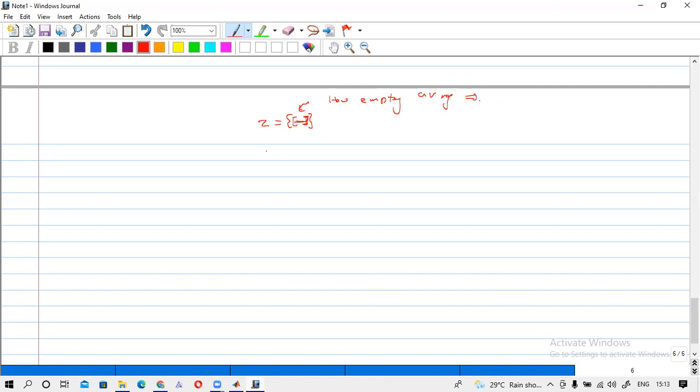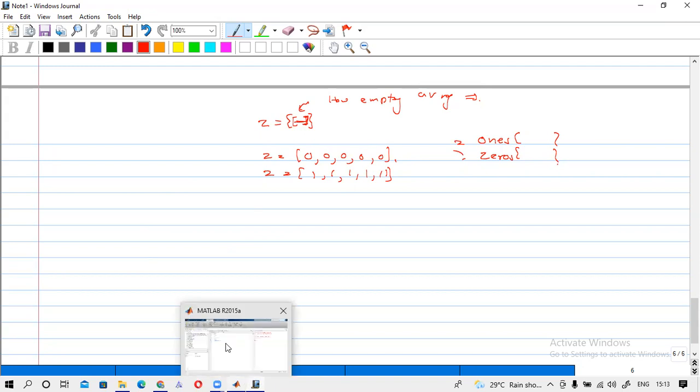Sometimes we can generate an array with all values 0, and we can generate an array with all values 1. For that we can use the ones and zeros commands.